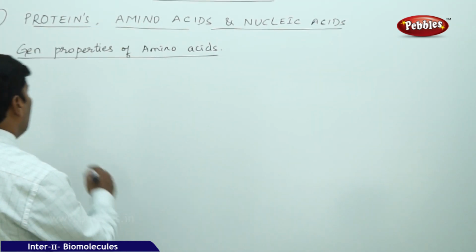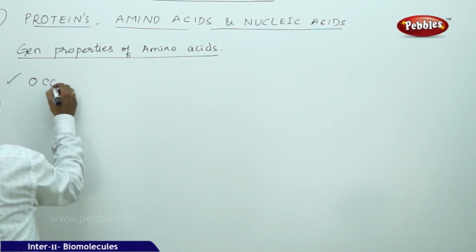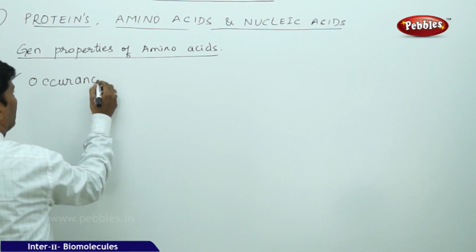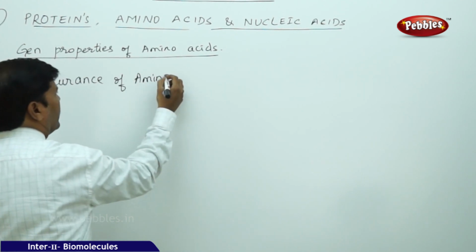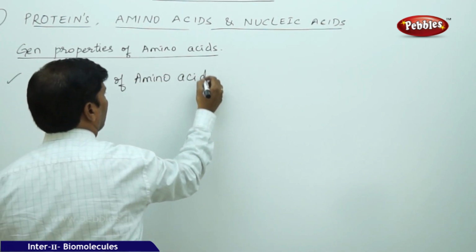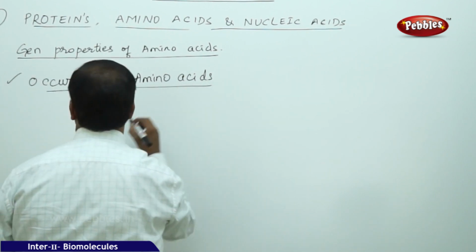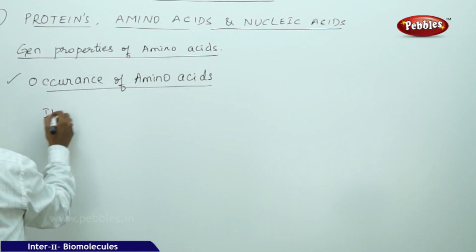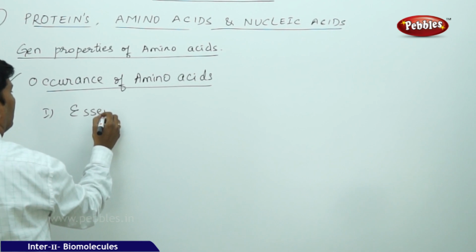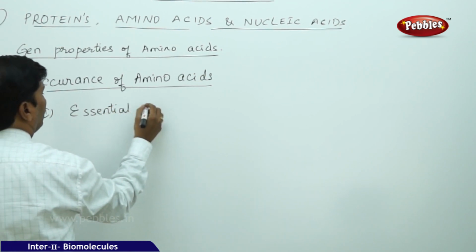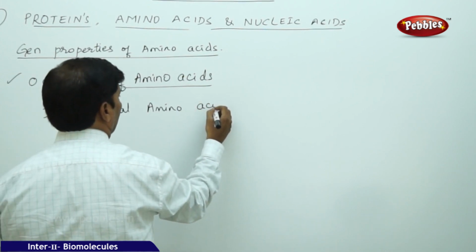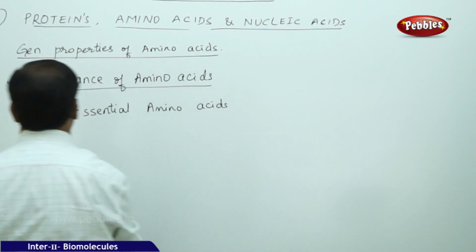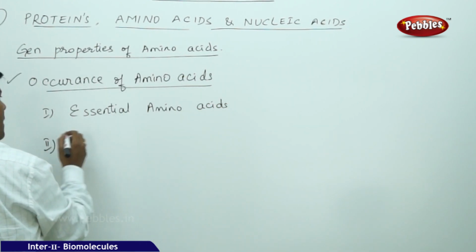Now, based on the occurrence of amino acids, these are classified into essential amino acids and non-essential amino acids.